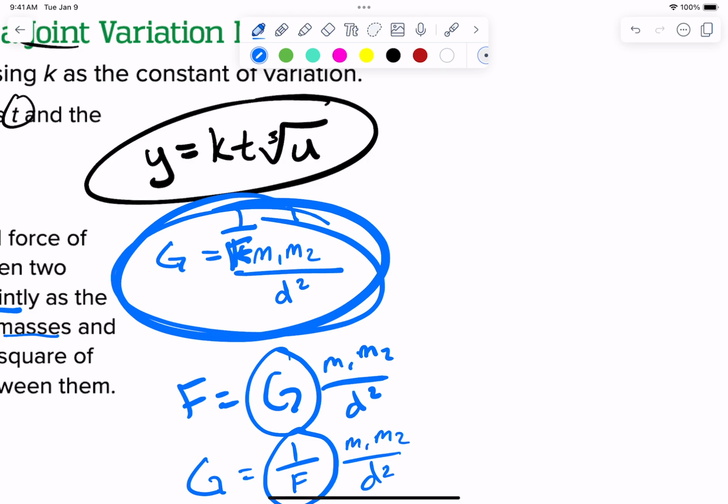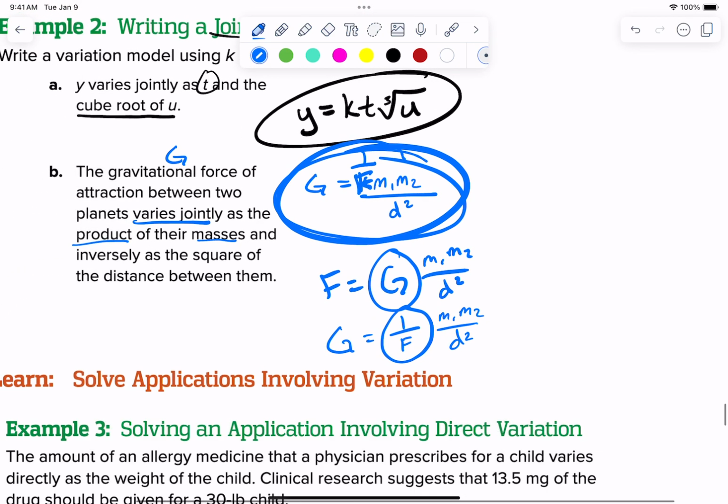But we already know G. It's 6.67 times 10 to the negative 24. We're just using the wrong letters. Isn't that for Earth though? No, this is for everything. Any two things on Earth will have that gravitational force, the 6.67.